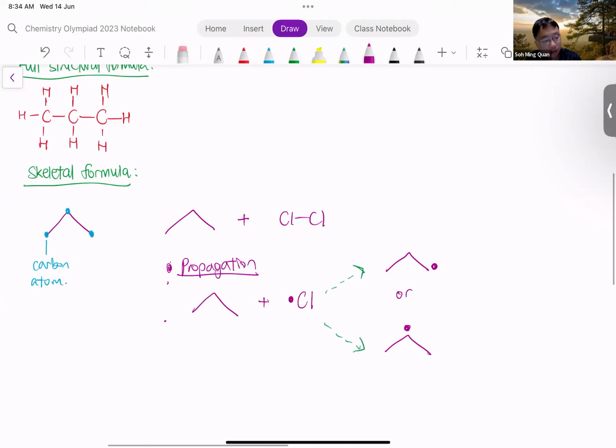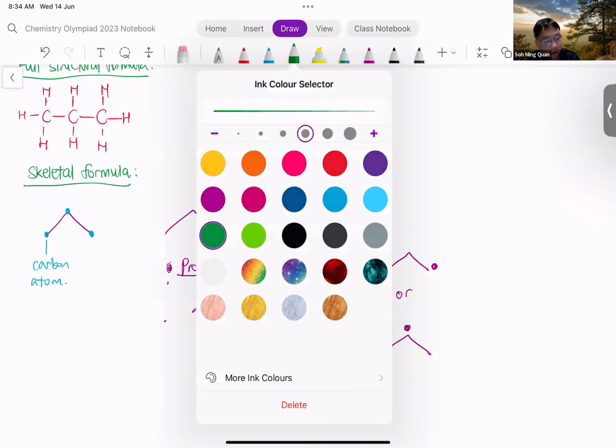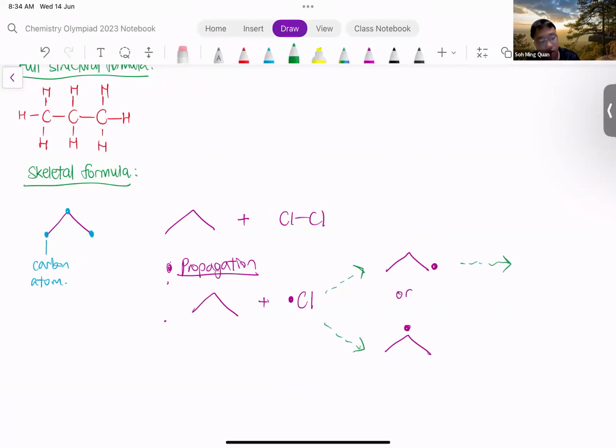So these are obviously going to result in different products. If the carbon radical is at the end, the Cl will occur at the end also. If the radical is in the center, the Cl occurs in the center.